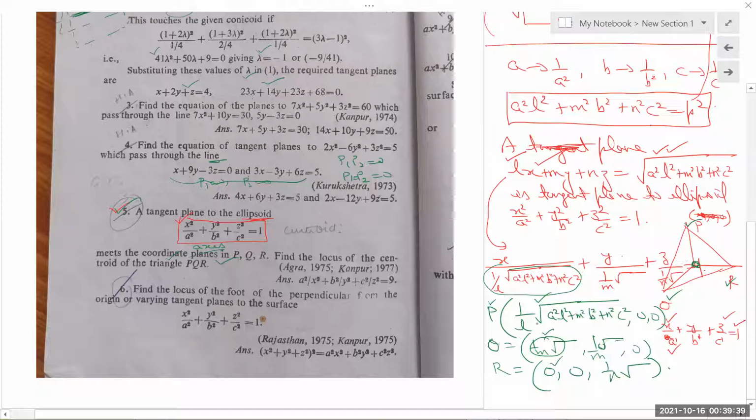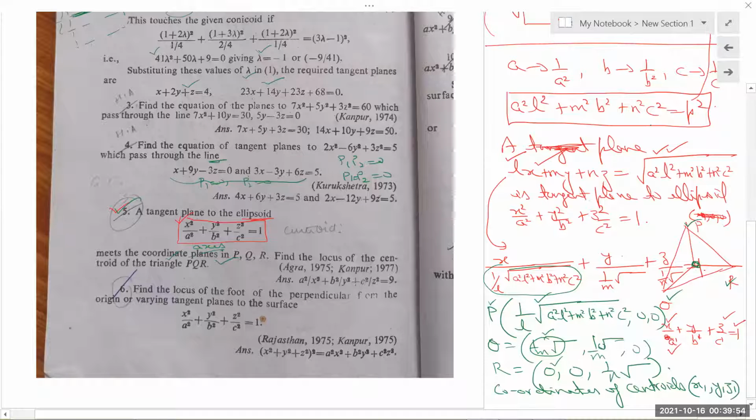So obviously it will be 1 by 3 of the coordinates of the centroid. Suppose the coordinates of the centroid are x1, y1 and z1.